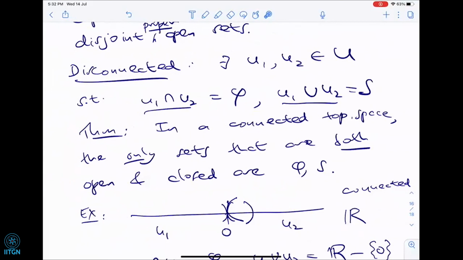If the only sets that are both open and closed are phi and S, then this property also holds. So I can define a connected space by saying the only sets that are both open and closed are phi and S, and then I can prove the theorem that in a connected space, you can't have a disjoint union of open sets spanning the space. I hope that's clear.